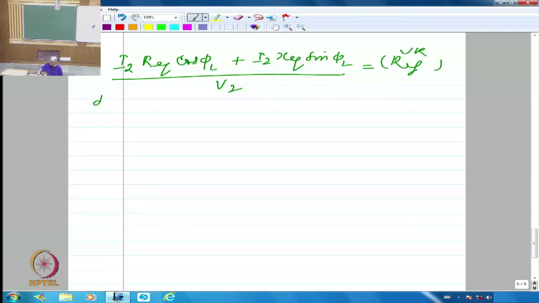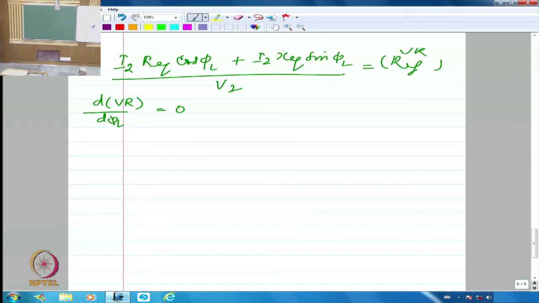So you can say at what point dVr divided by d phi L equals 0. You can try deriving this, and this will clearly give you at what point voltage regulation is minimum and at what point voltage regulation is maximum. Okay?